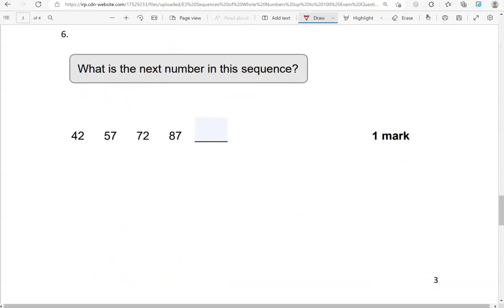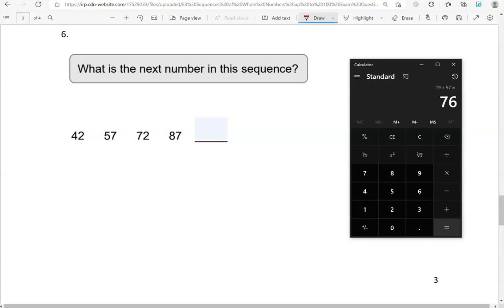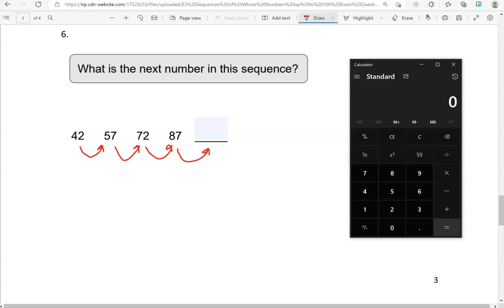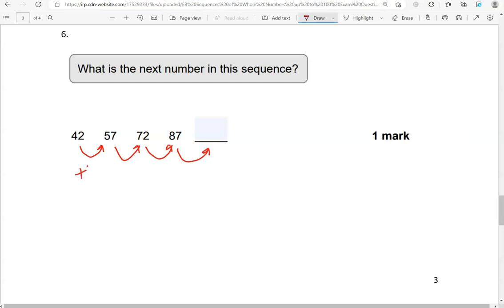What is the next number in this sequence? We've got 42, 57, 72, 87, and we need to find the next number. So we'll do 57 take away 42, and that gives us 15.